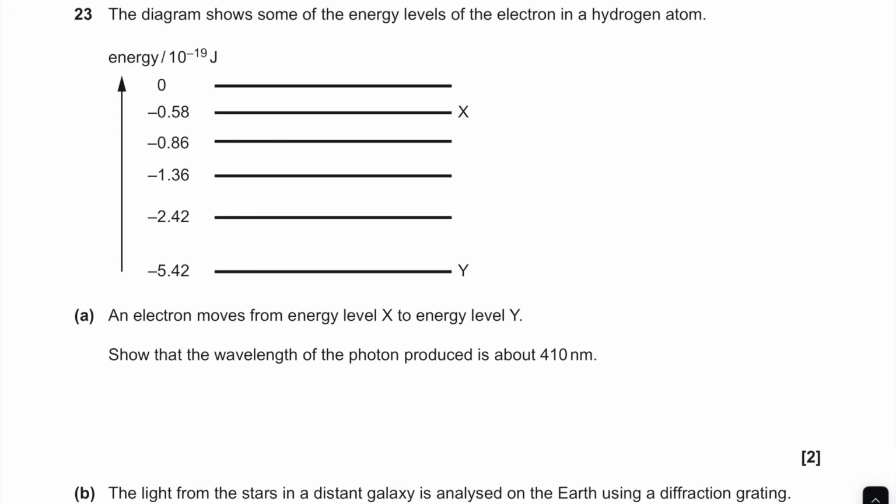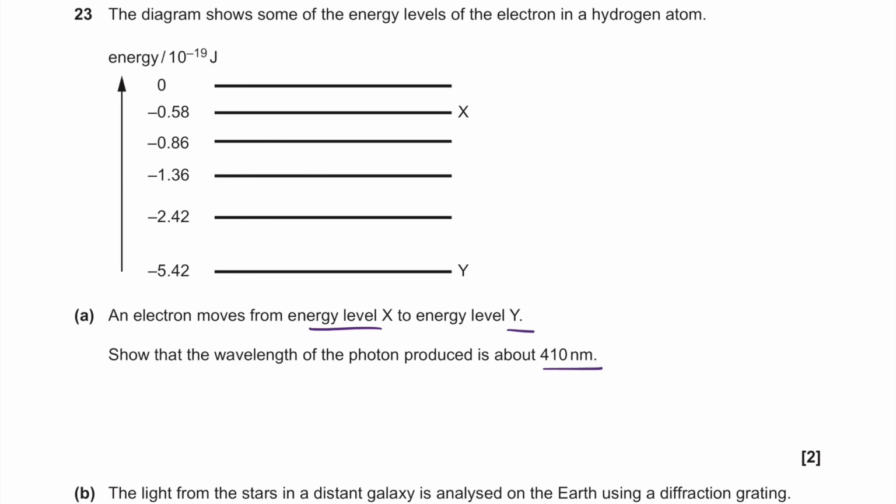Question number 23. The diagram shows some of the energy levels of the electron in a hydrogen atom. An electron moves from energy level X to Y. We need to show that the wavelength of the photon produced is about 410 nanometers.